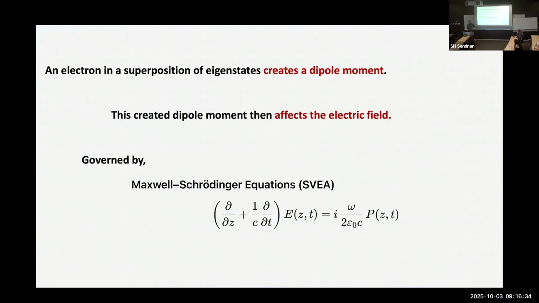This is Maxwell's equations done in the slowly varying amplitude approximation, where you're basically just paying attention to the envelope of the pulse. In this case, the polarizability term is proportional to the dipole moment, and that dipole moment is proportional to the amount that the electrons are in superpositions.